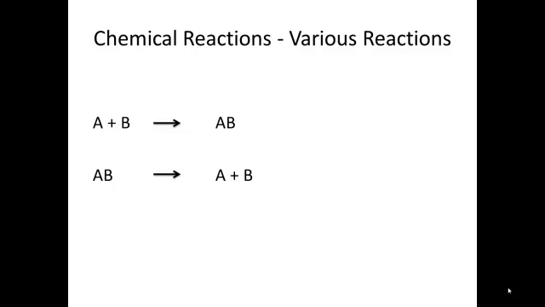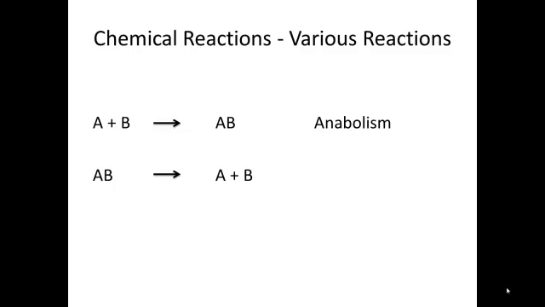Say, for example, we have molecule A or atom A combining with atom B. Now that's probably pretty abstract. Let's talk about hydrogen gas being combined, and we'll call that A, and have B be oxygen gas. And if we combine those to make water, that would be considered anabolism, okay?